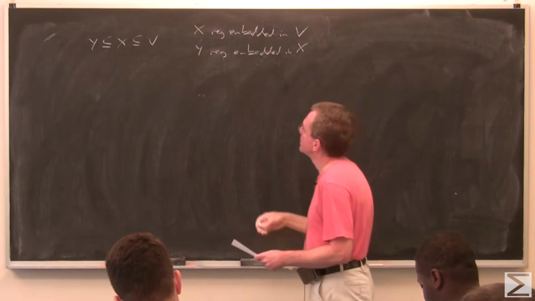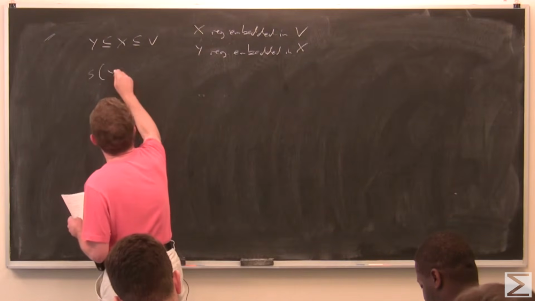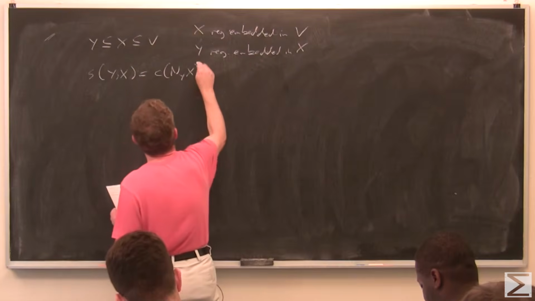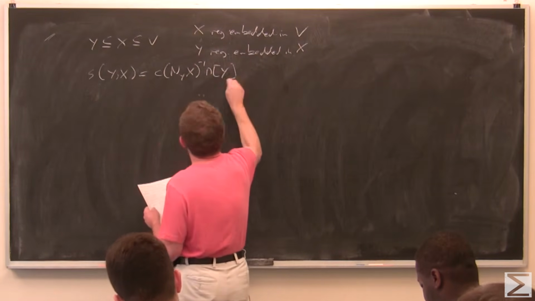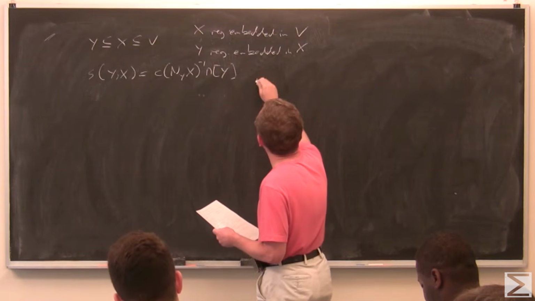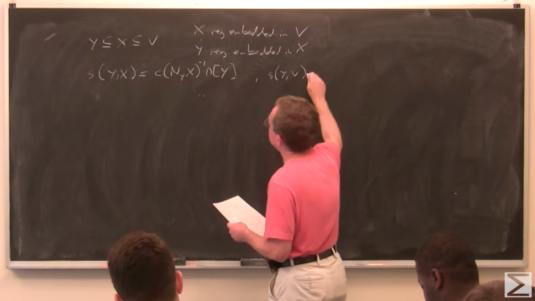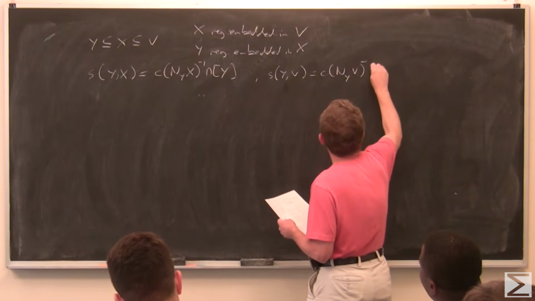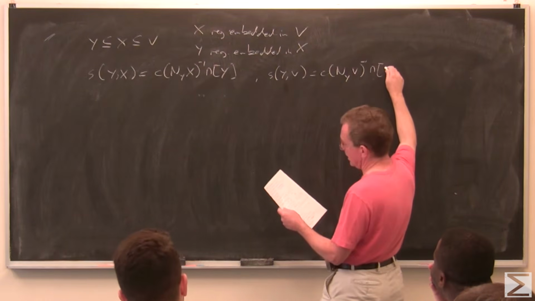Why do I do this? So I can compute the Segre classes. The Segre class of Y in X will be the inverse Chern class of the normal bundle, cap [Y]. The Segre class of Y in V is the Chern class of N_Y V, inverse, cap [Y] again.